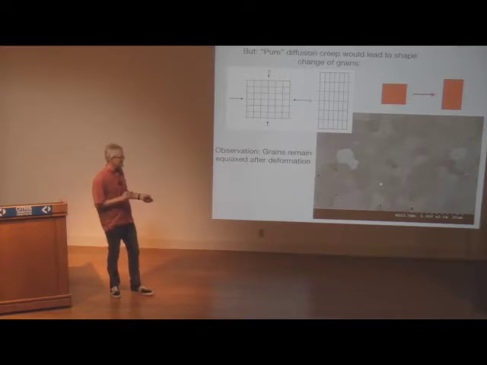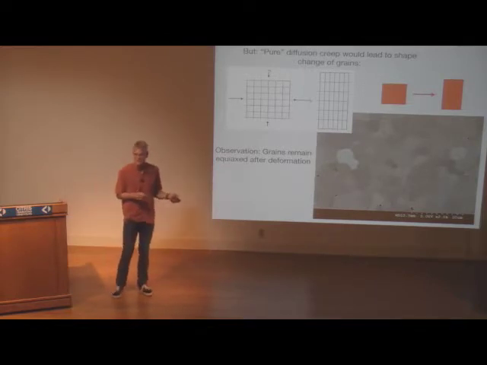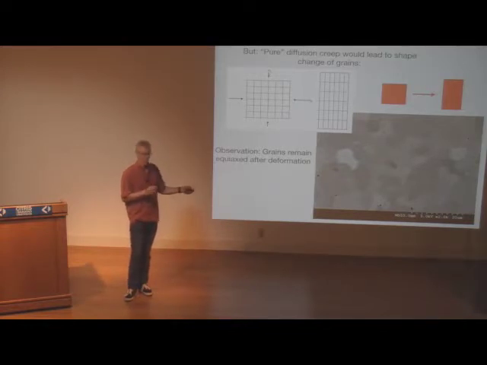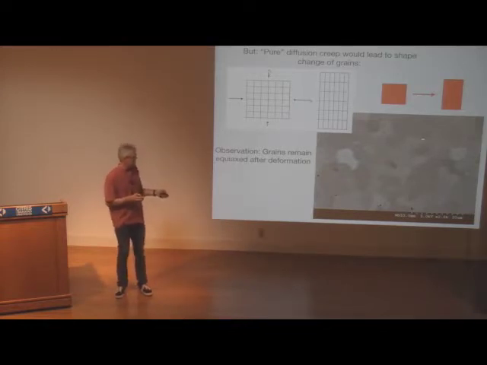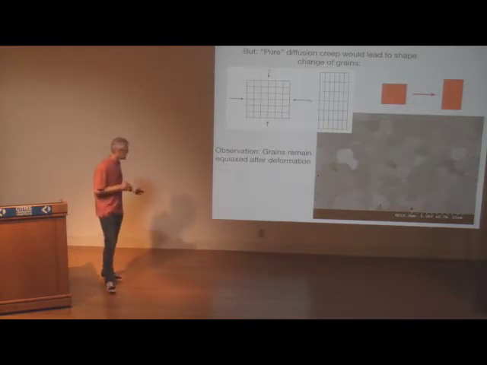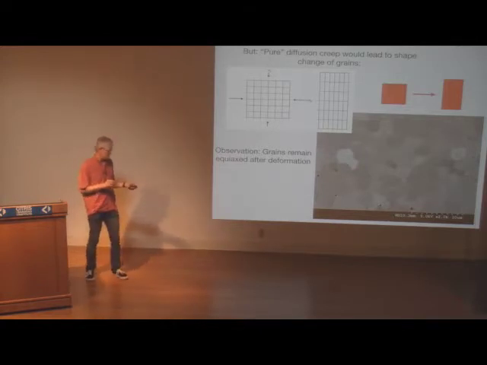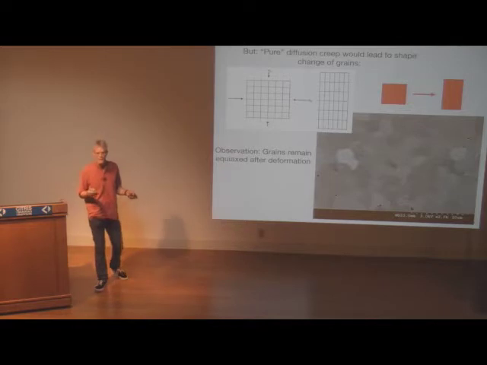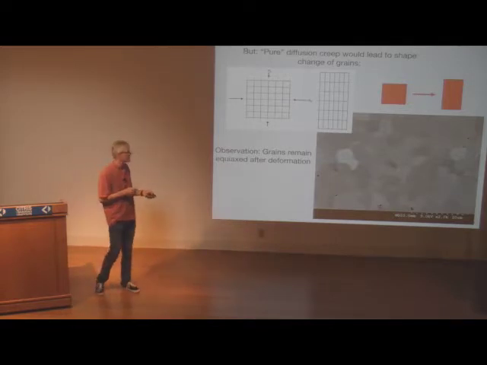You can see that even after deformation, that's a common observation in materials, the grains are not elongated to accommodate the strain, but the grains actually remain more or less equiaxed if they are deformed only in diffusion creep. So grains remain equiaxed after deformation. That was observed early on in the material science literature as well.